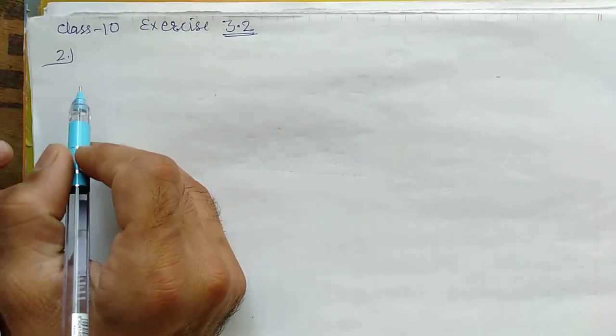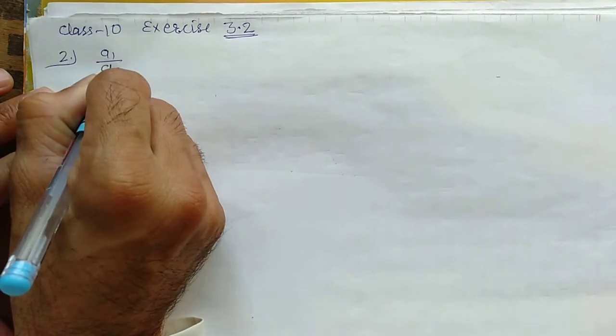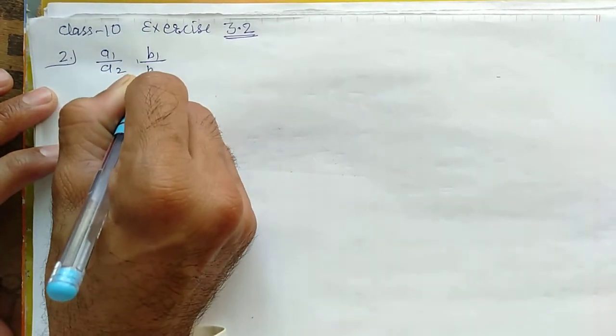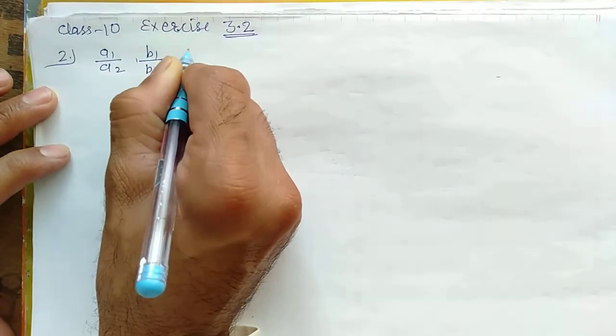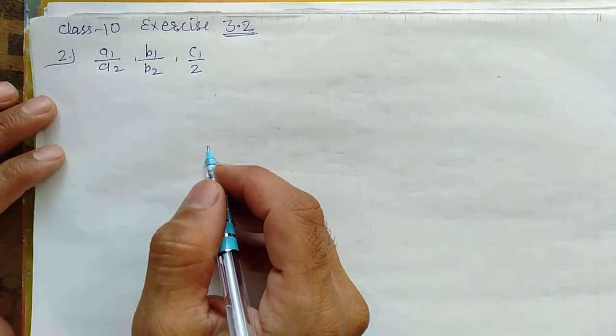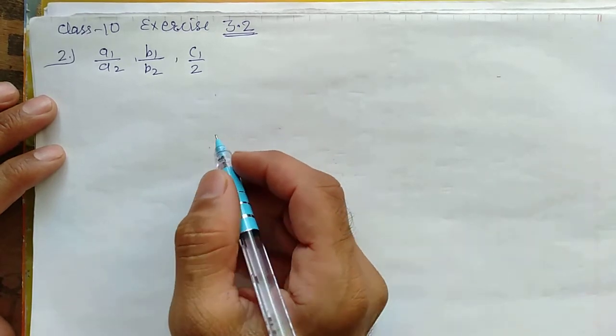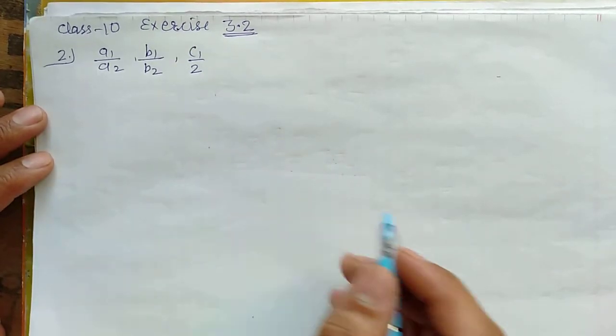First I am reading this question: on comparing the ratios a1 upon a2, b1 upon b2 and c1 upon c2, find out whether the lines representing the following pair of linear equations are intersecting at a point, parallel, or coincident.